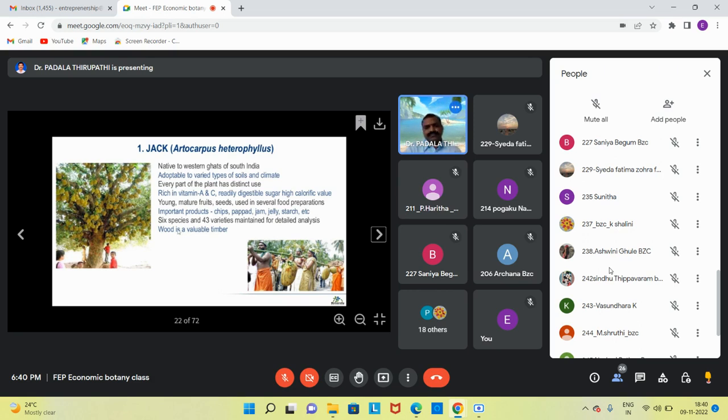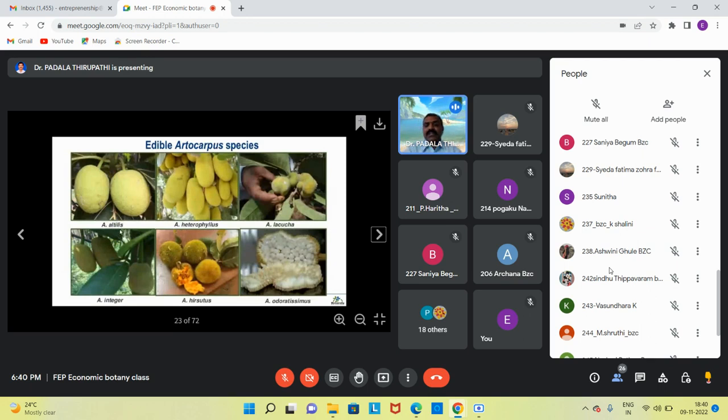Important products like chips, papad, jam, jelly, and starch are utilized commercially from these jackfruits. Six species and 43 varieties are maintained for detailed analysis. The wood is valuable as timber, very useful for making different types of timber.